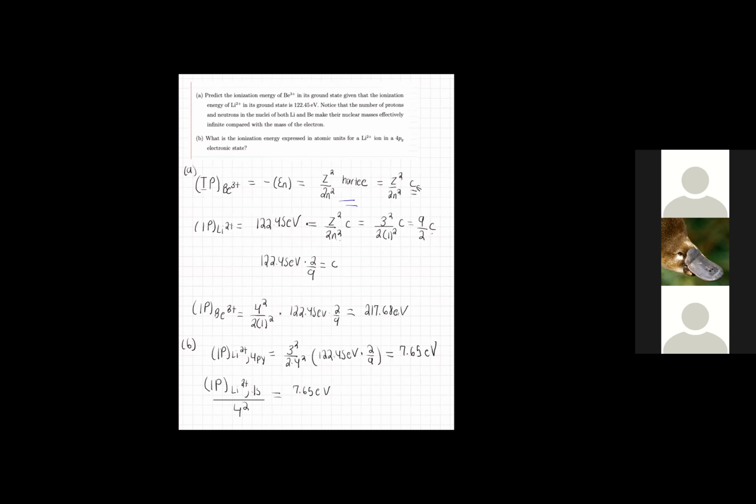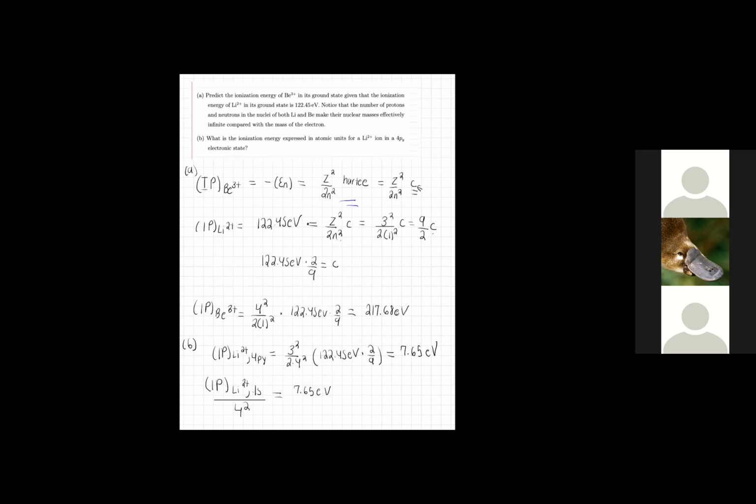So just keeping it in Hartrees, not doing the whole C part and just using the equation Z squared over 2n squared. If he doesn't explicitly ask what units to use, then just put in Hartrees. Even if he gives you this 122 electron volt thing, it doesn't really matter. That whole part is actually just to convert it, I guess. Yeah, it's pretty much just to convert it. I use Hartrees because it's easier, it's just one calculation and you're done.